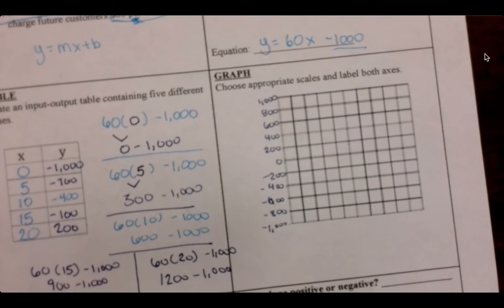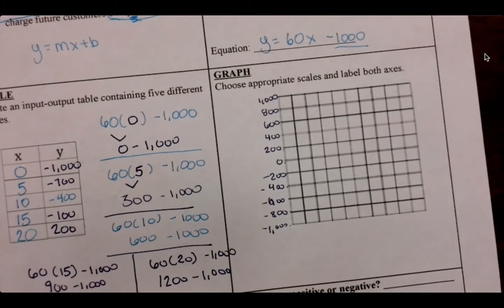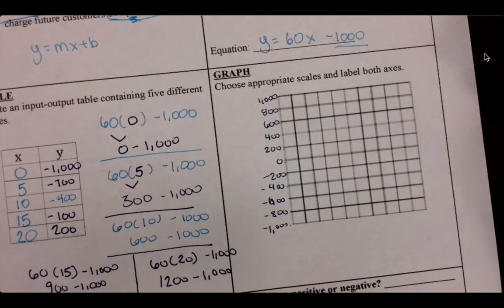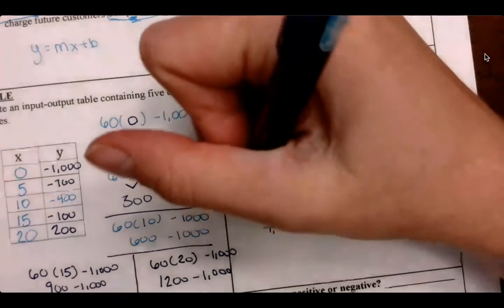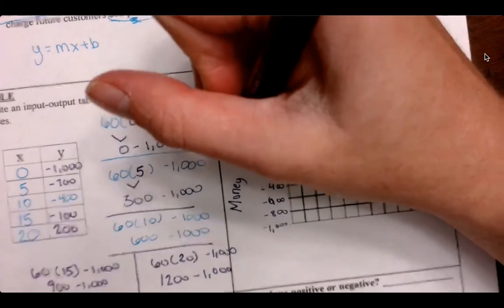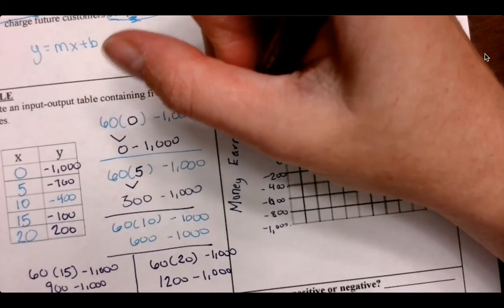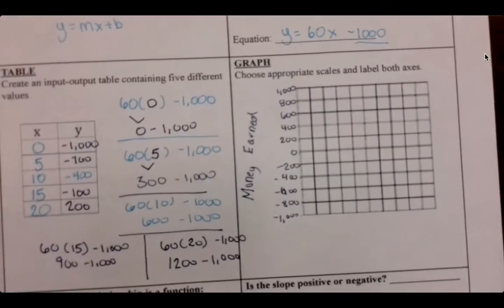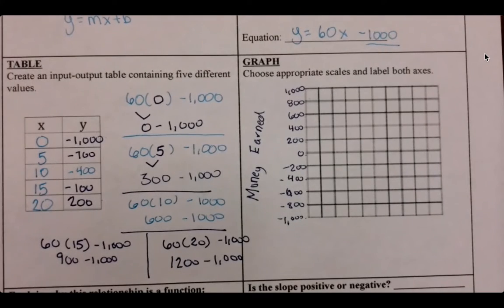So notice how we have our y-axis, and that is going to be money earned, right? Until I hit past that 1,000 mark, I'm not earning any money.